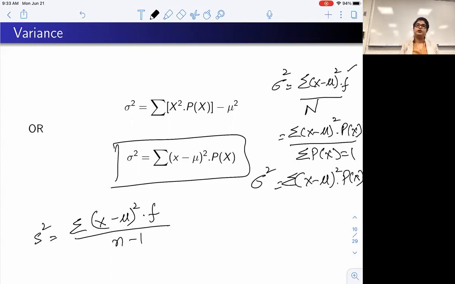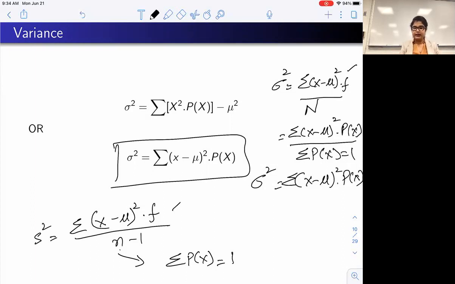But if we are going to find the variance for the probability distribution, then n is the sum of p of x. We know the sum of all the probabilities gives you 1. So if this is equal to 1, then 1 minus 1 gives you 0.